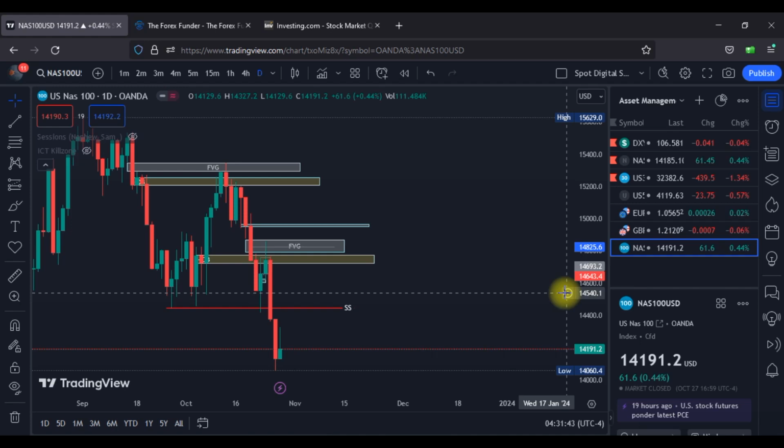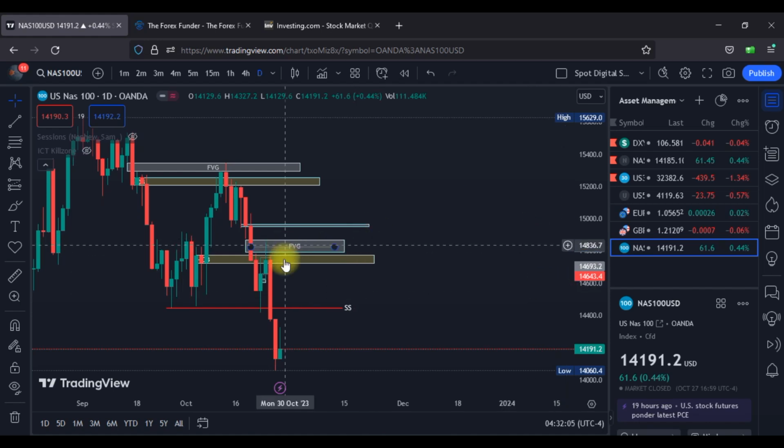So price can tap into any of these levels and just run away. So something we do if you want to take a trade, it's best you put it at the entrance of the fair value gap, and then you put your stop loss below the low of the fair value gap. Now on taking this trade, I've shown you what I saw.